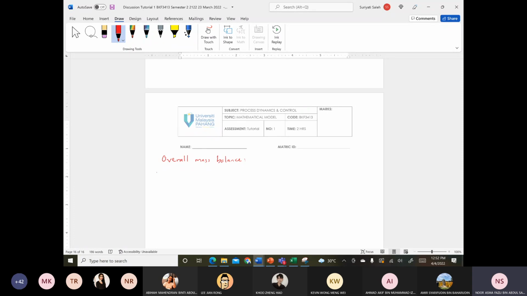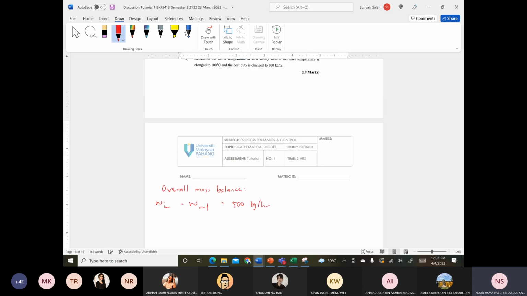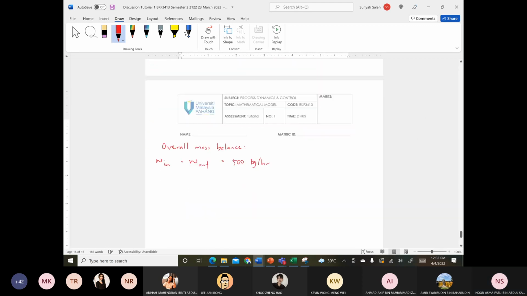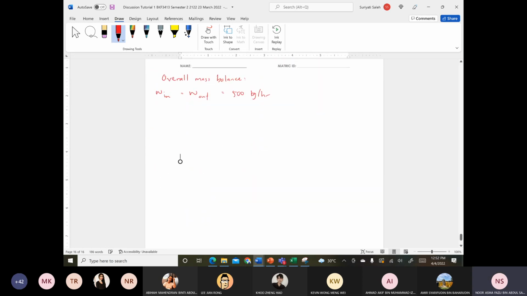So automatically W in equal to W out, which is 500 kg per hour. So you don't need to do the derivation. The one that matters is the energy balance.